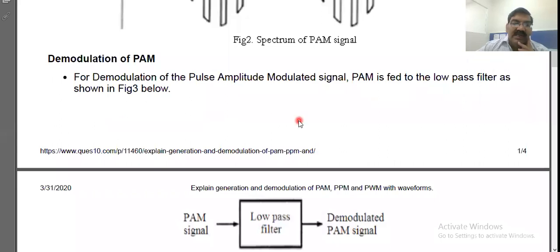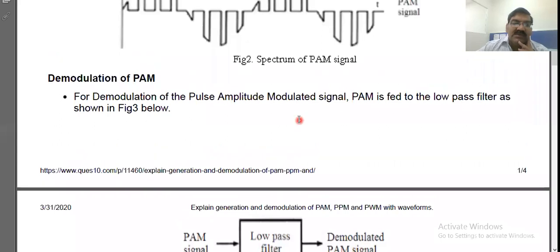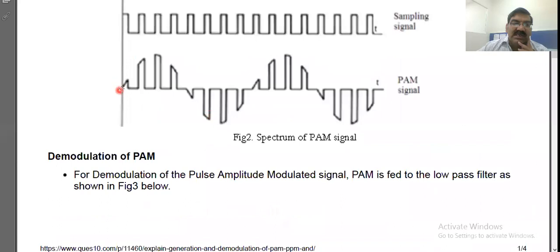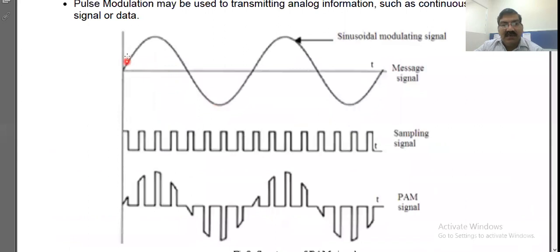So simply, if you feed it to the low pass filter, the signal will pass through the low pass filter. Now what will the low pass filter do? This instantaneous signal has a lower frequency, and the sampling frequency has a higher frequency, as the minimum criteria is also saying.